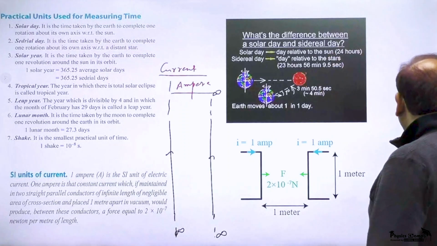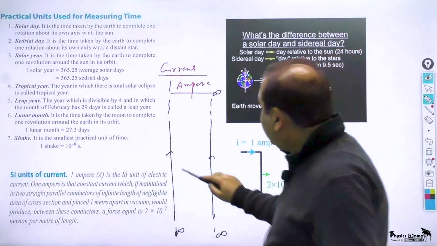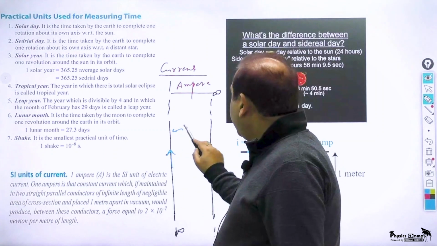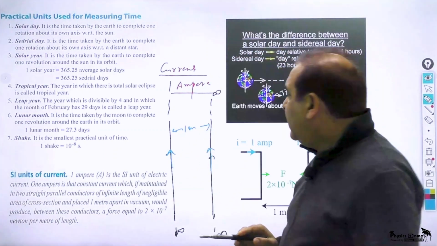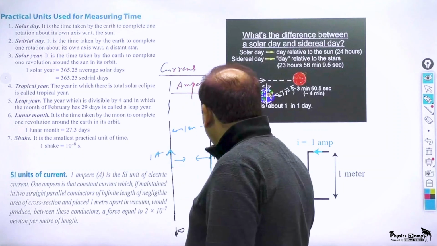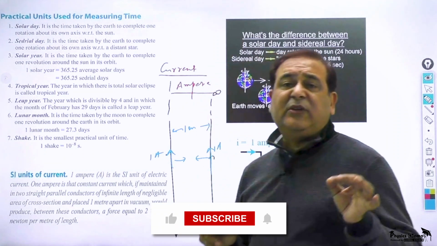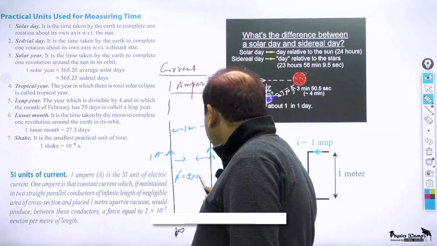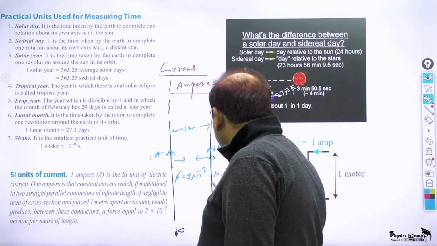So if there are two wires carrying current in the same or opposite direction, and they are kept 1 meter apart, then 1 ampere is that current which develops a force of attraction between them of the order of 2 into 10 to the minus 7 Newton per meter.